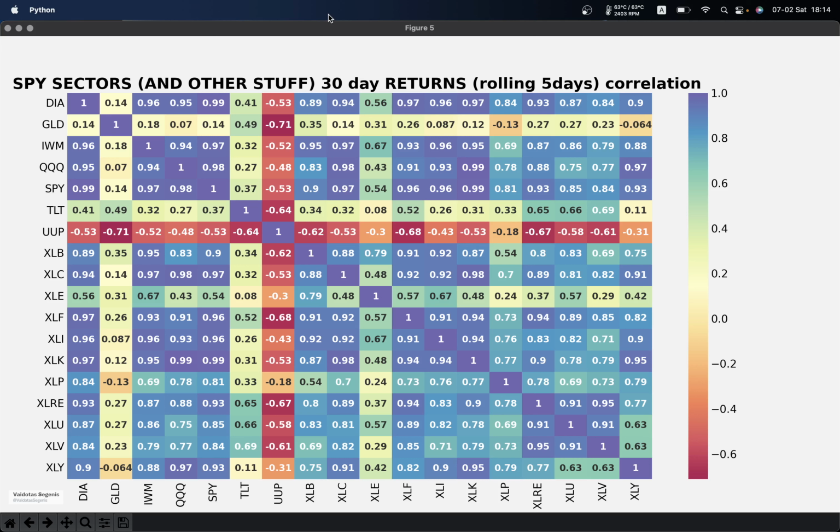And here we see that correlations are higher. First of all, SPY to TLT is quite positive, and sector correlations are very high. We see a lot of purple, a lot of numbers like 96, 99, 98, and so on.